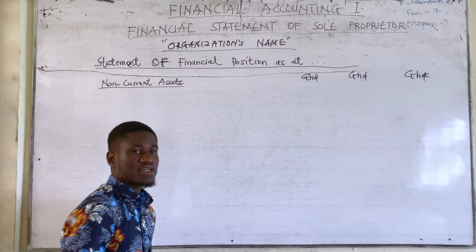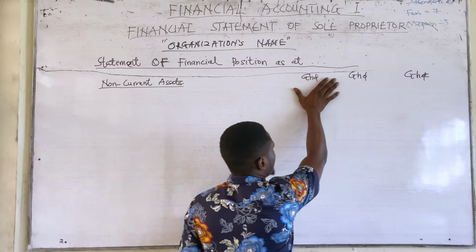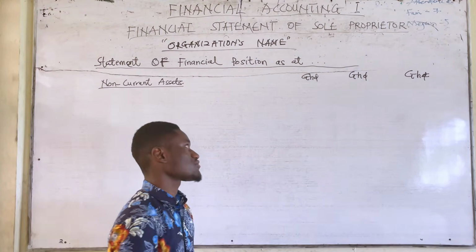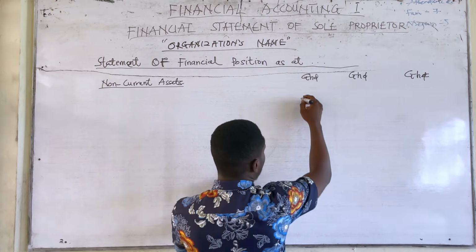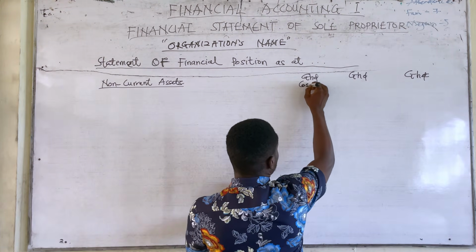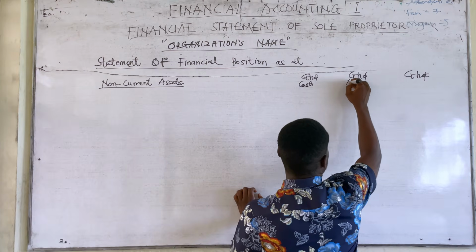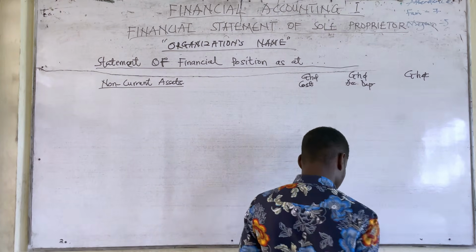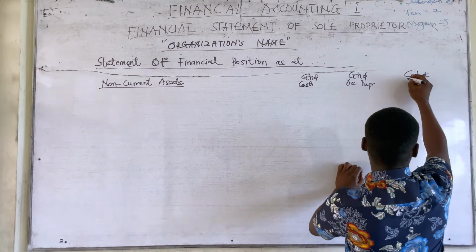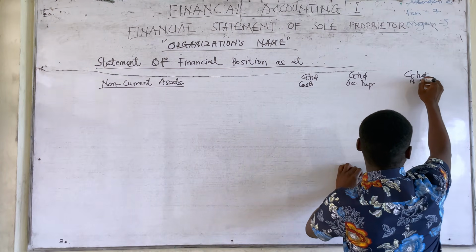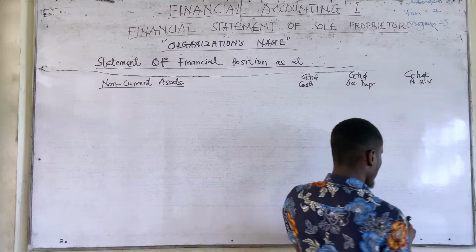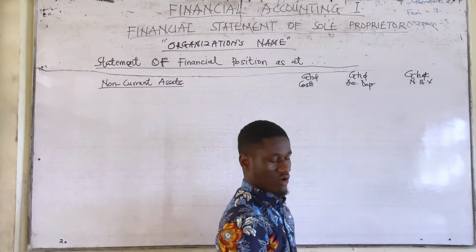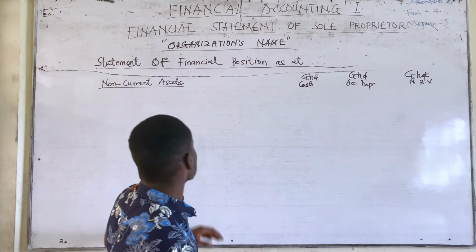Good. So with this one, the first currency column is going to have the cost of the non-current asset. This next one is going to be the accumulated depreciation, or the provision for depreciation, and this one is the net book value. So after depreciation, how much was the item now? Okay, good.